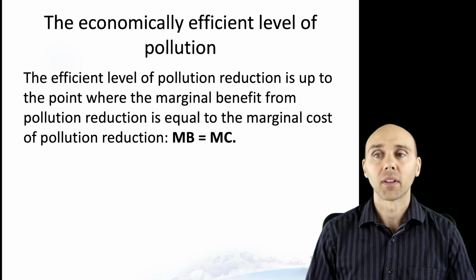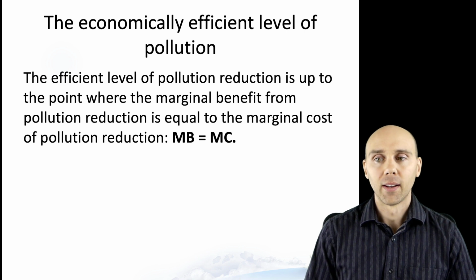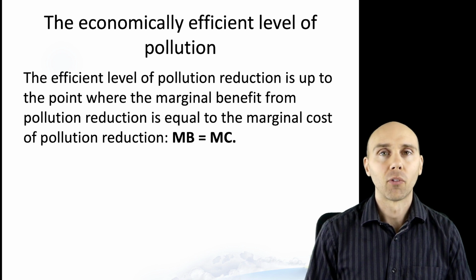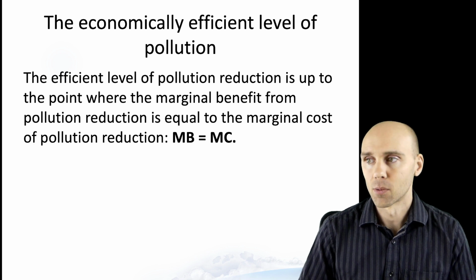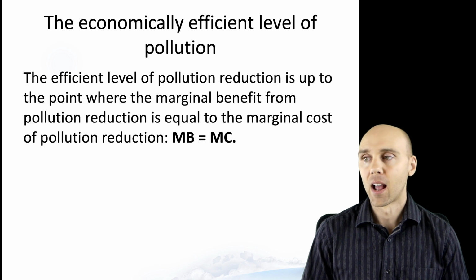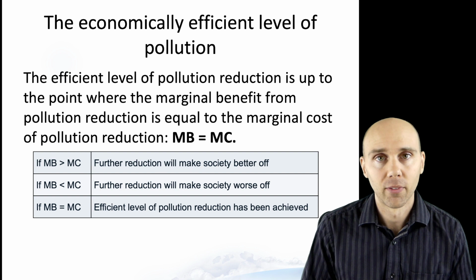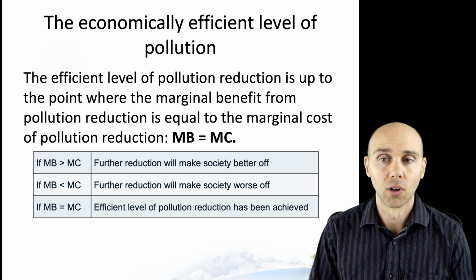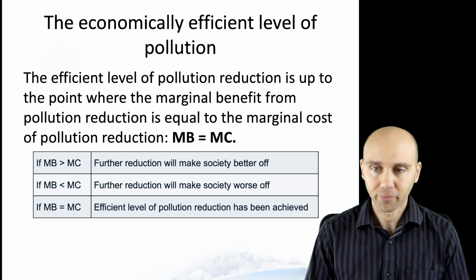So what's the economically efficient level of production? Well, it's still where marginal benefit equals marginal cost. It's just that we've got to make sure that our benefits and costs take into account these externalities as well. But it's still the same principle that we've seen in our marginal analysis. So if the total marginal benefit is greater than the total marginal costs, it makes sense to keep reducing our emissions.